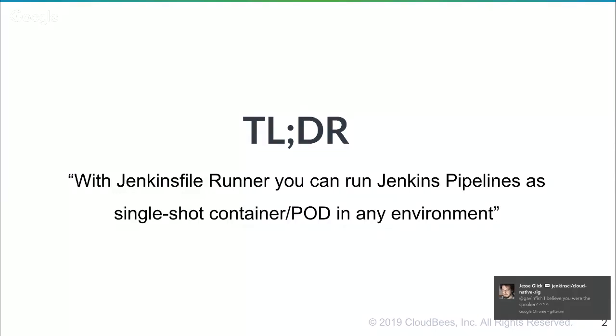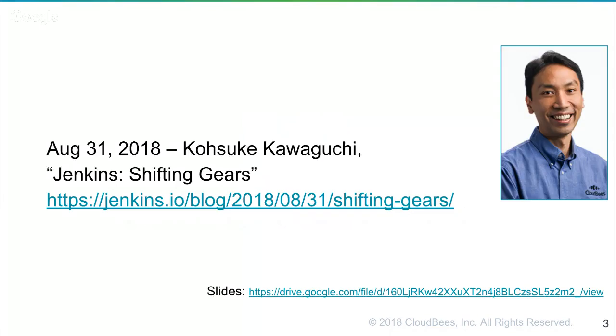Okay, so what does Jenkinsfile Runner do? It's a single shot Jenkins master, which can take your Jenkins pipeline, execute it in a container in pretty much every environment, produce the results, and then terminate. So it's the single shot master thing we were talking about before the SIG meetings. If you have seen the Shifting Gears blog post by TK, he had an overview of what cloud native Jenkins would look like.